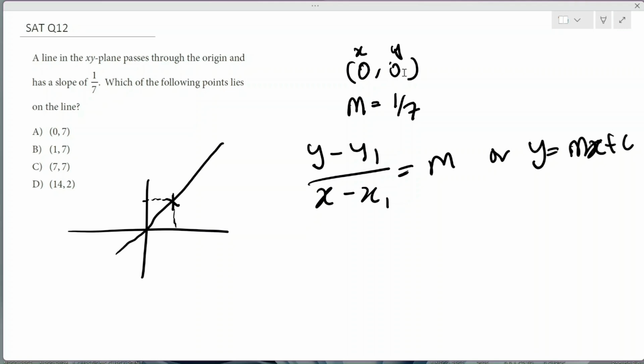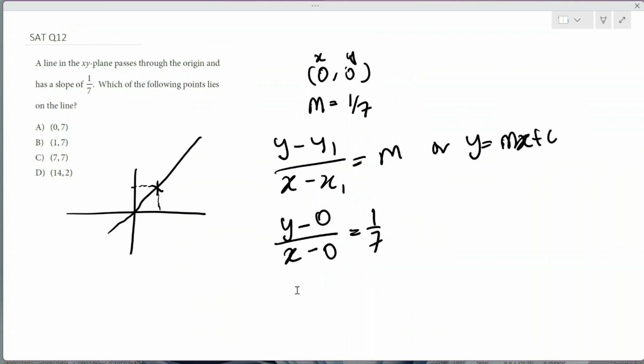That's the point of origin, since the line goes through the point of origin, or the point of origin is a point on the line. So you have y minus your y1, which is 0, over x minus your x1, which is 0, equals your m, which is 1/7. Y minus 0 is y.